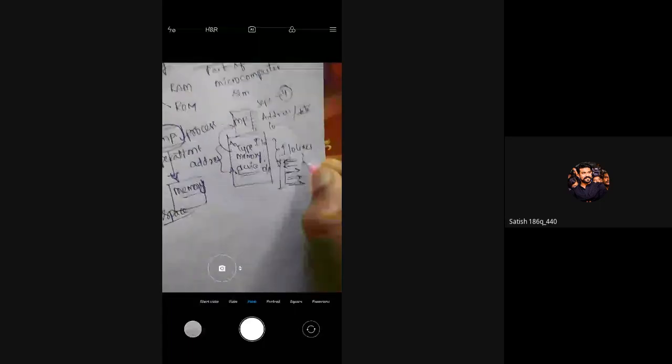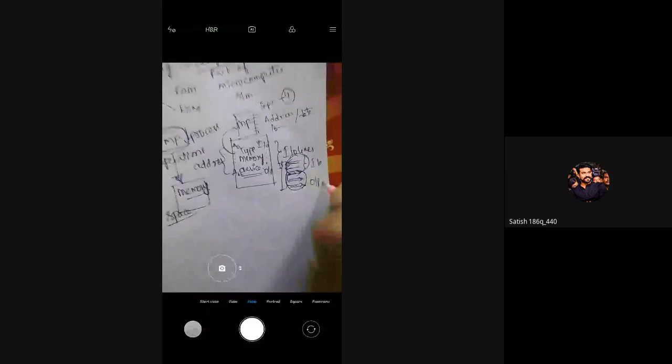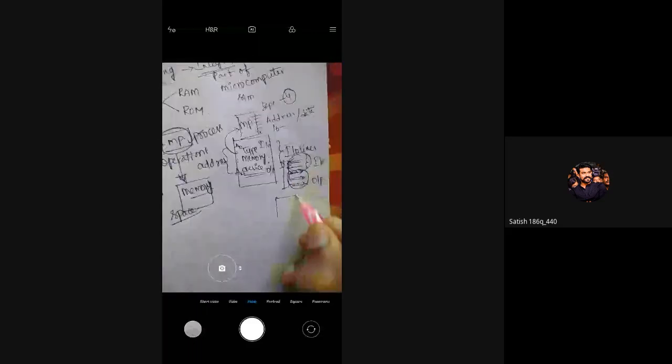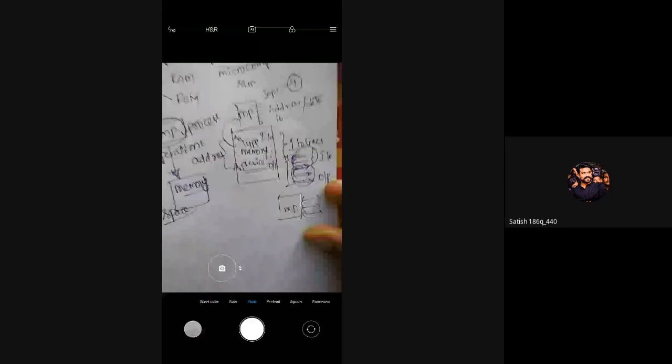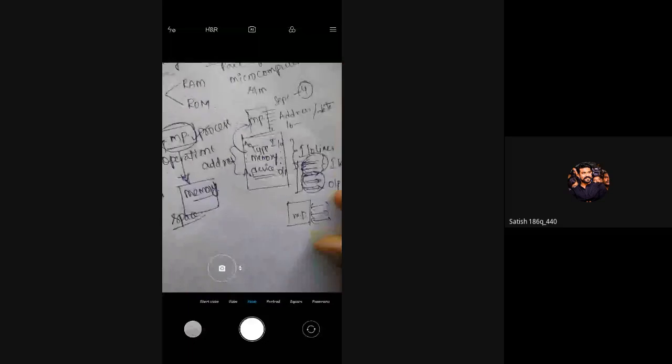But for some types of memory devices, the lines will be used to indicate both input and output.